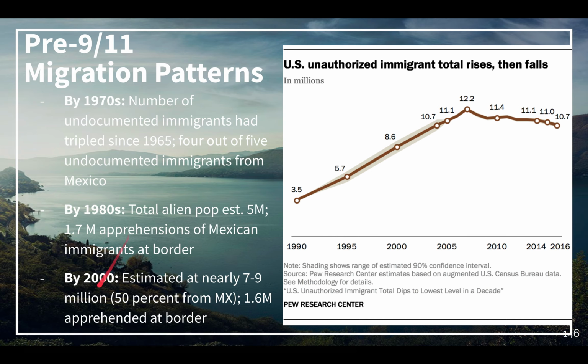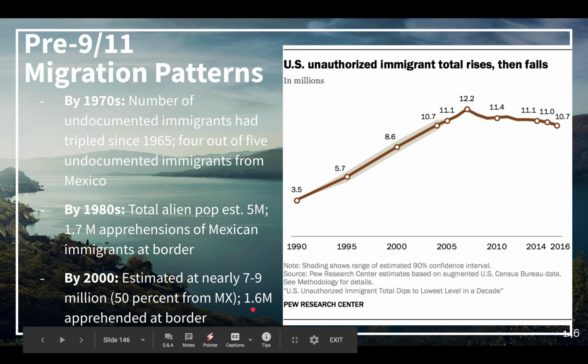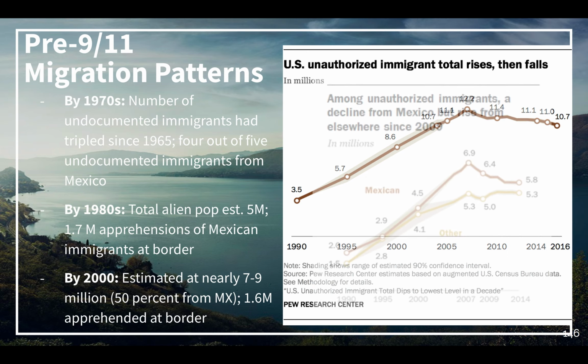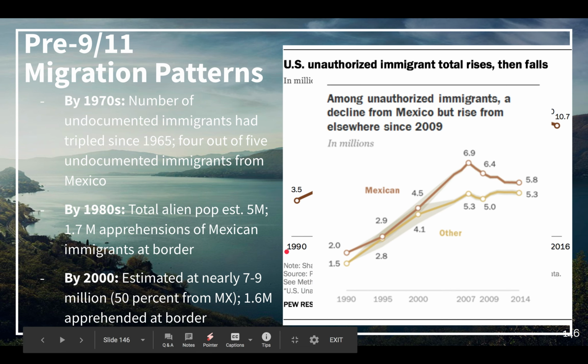Okay, so we'll talk about the increased apprehensions at the border in just a second. Just these numbers themselves are pretty staggering: by 2000, 7 to 9 million immigrants apprehended at the U.S. border, and half of those are coming from Mexico.